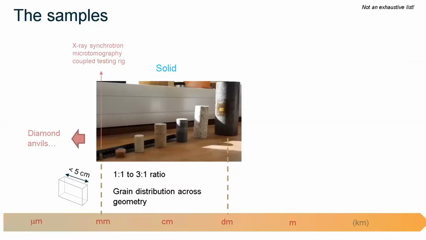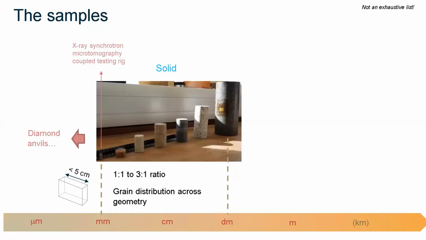So now that we focus on the sample, here is a series of samples that I'm familiar working with. It might seem like nothing, it might seem quite a huge scale. So basically, the smallest sample on the left here is a 5 millimeter diameter cylinder by about 1 centimeter length. This was made for one of these X-ray synchrotron microtomography coupled tests.